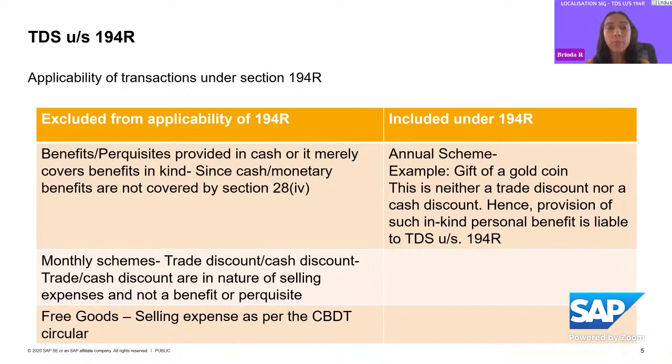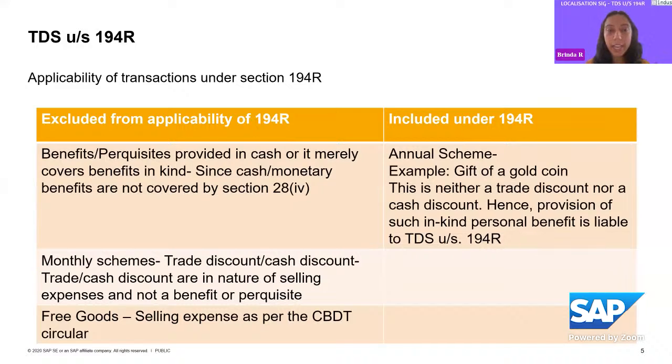When we say benefits or perquisites, it's a very wide or broad word. Anything could fall under benefits or perquisites, like cash, any benefit that is provided in kind, or any of the monthly schemes, samples, et cetera.